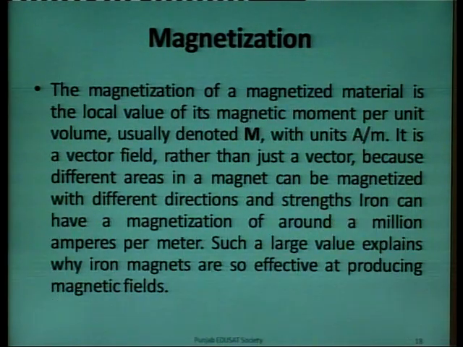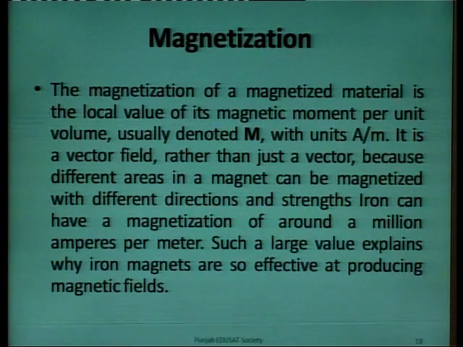Then we have magnetization. This is the most important property of any metal. The magnetization of a magnetized material is the local value of its magnetic moment per unit volume. It is usually denoted by capital M and has units of amperes per meter.